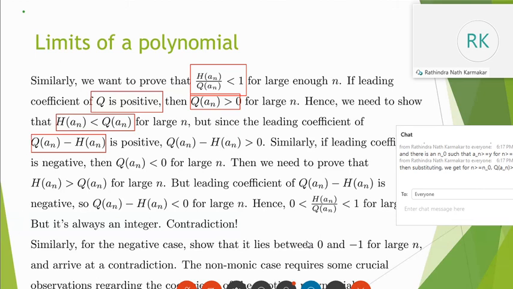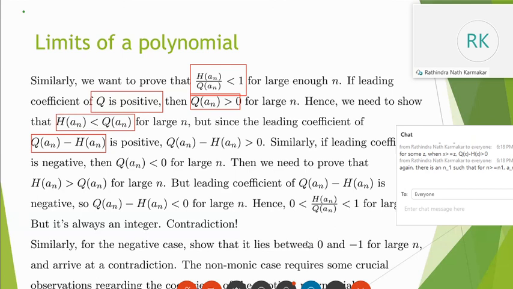That means for some y, or let's say for some z, when x is greater than or equal to z, q of x minus h of x is greater than 0. And again, there is an n1 such that for n greater than or equal to n1, an is greater than or equal to z by a similar argument as before.